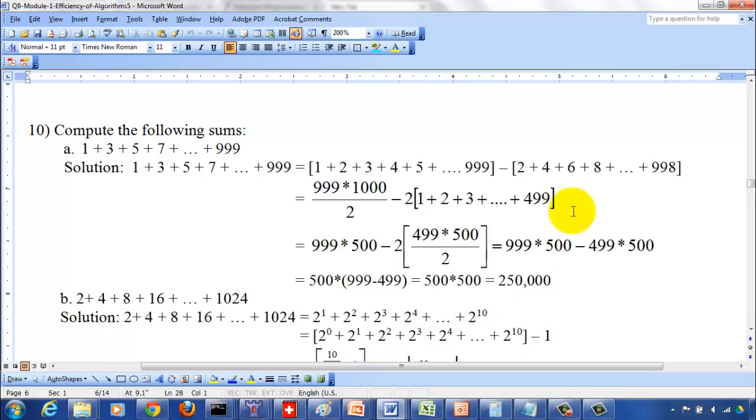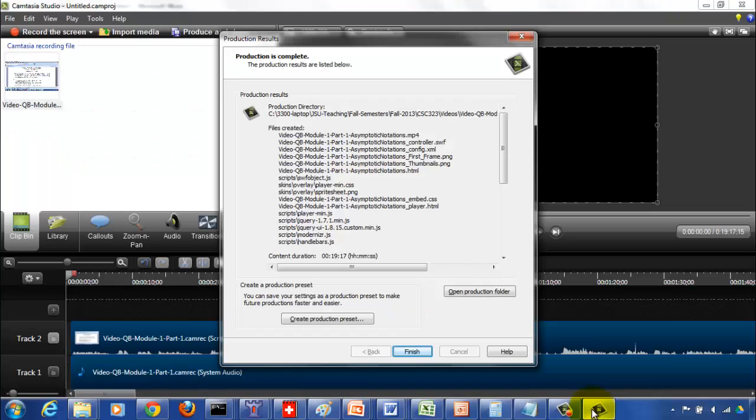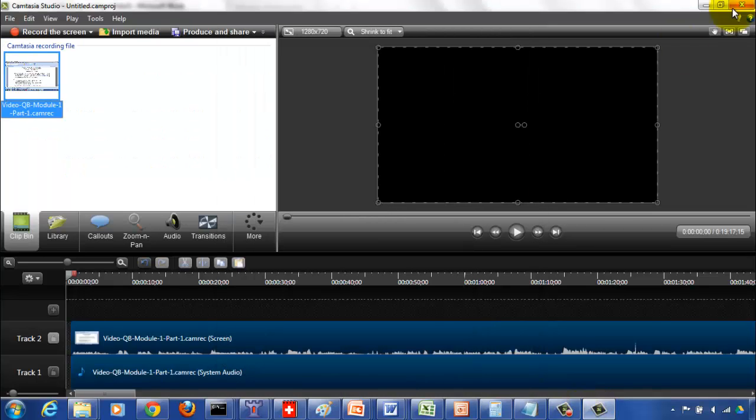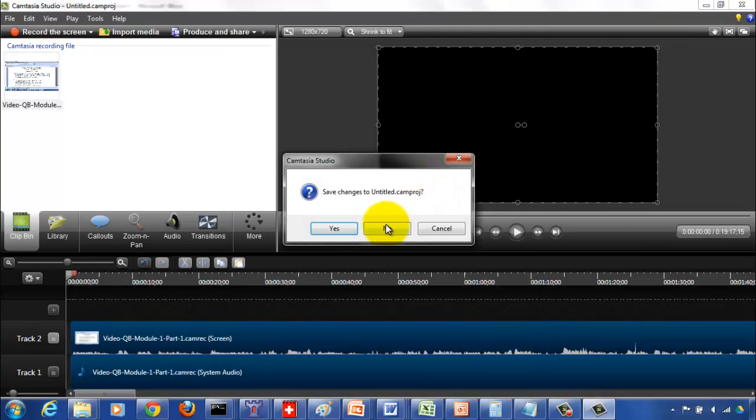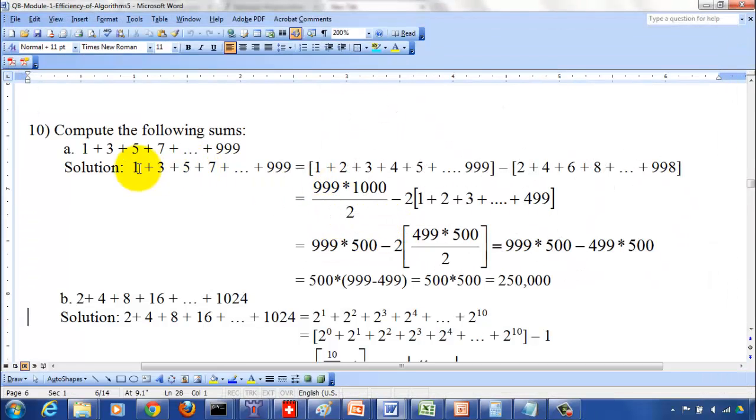Now the summations. I want to compute the sum of 1 plus 3 plus 5 up to 999. This is a sum of odd terms, so I'm going to introduce the even terms.